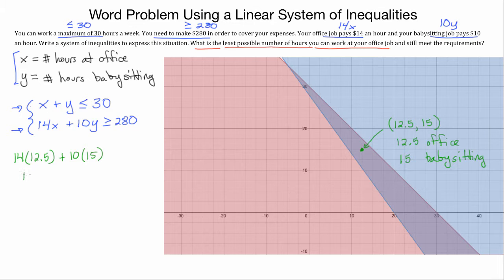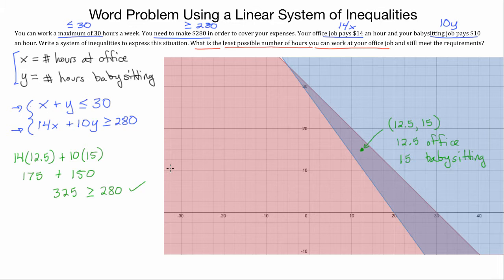So I'm going to make $175 at the office, and 10 times 15, I'm going to make $150 from babysitting. Together, that's going to be $325, which definitely is more than the $280 I need.